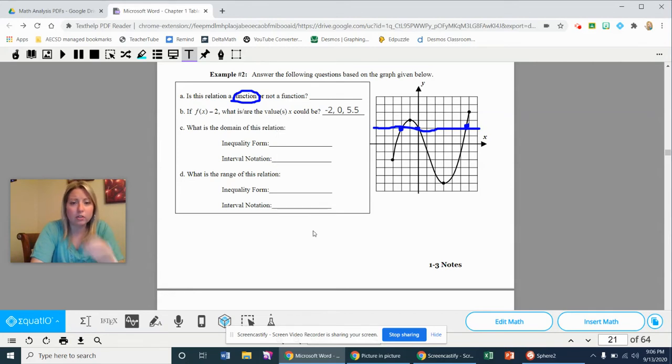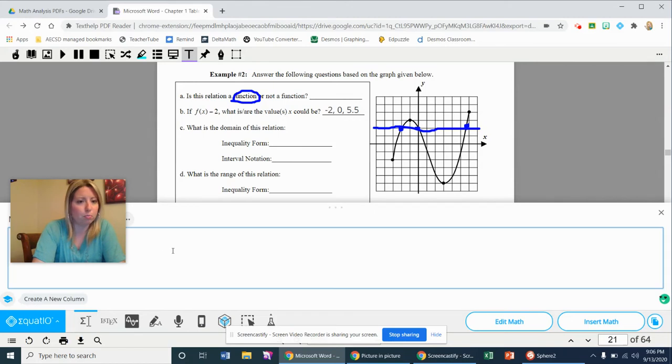Okay, what is the domain? Let's look left to right. The furthest left we go is -3, and the furthest right we go, 1, 2, 3, 4, 5, 6. So -3 to +6, and it looks like we include both.